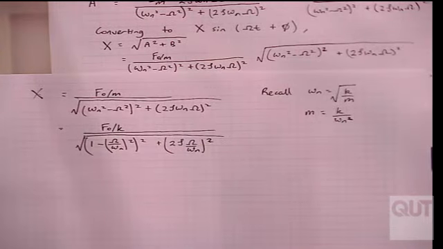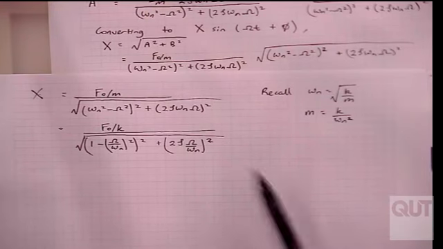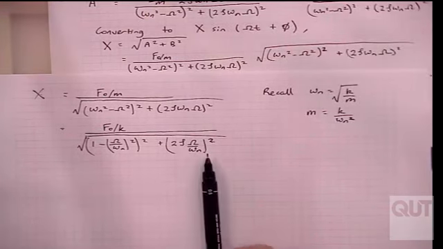So we end up with that there, which should have been what was on the lecture slides before I started my working. So what this substitution does is it gives us these capital omega over omega n ratios in our equation for amplitude. I think that's known as the magnification ratio or something like that.